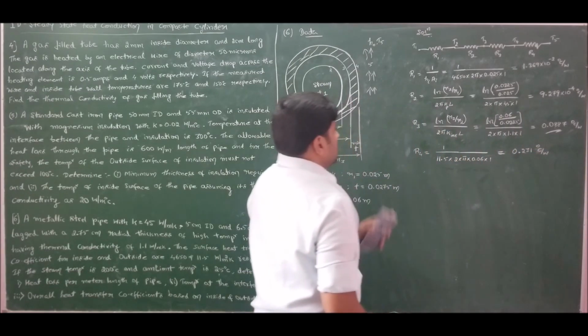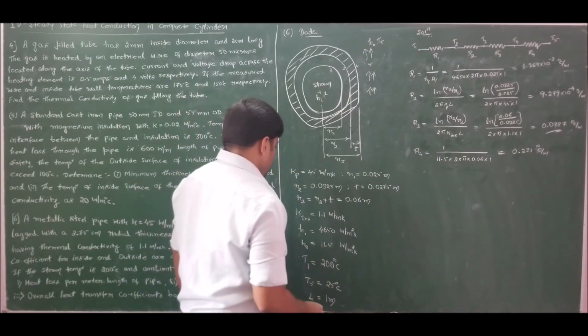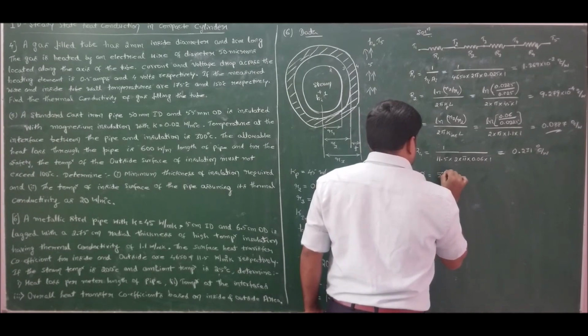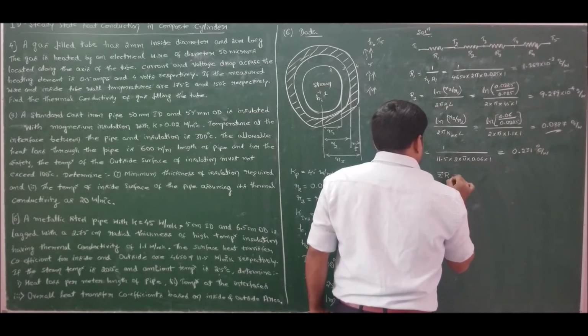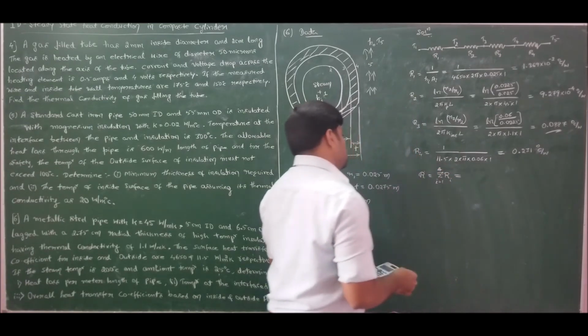So we have calculated all the resistances. Now easily we can find the value of heat transfer per meter length. Let us find the value of R, that is summation of Ri, where i varies from 1 to 4. We have 4 resistances.